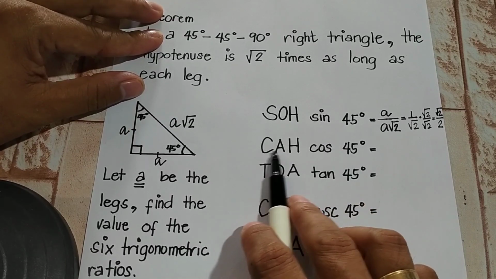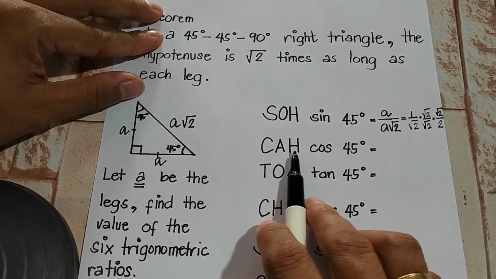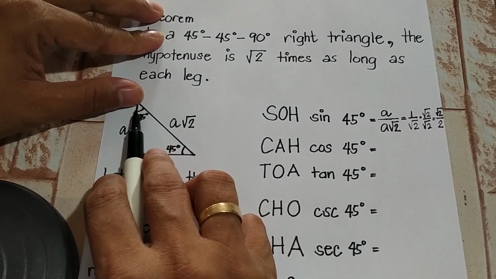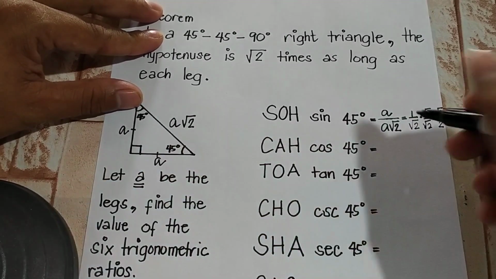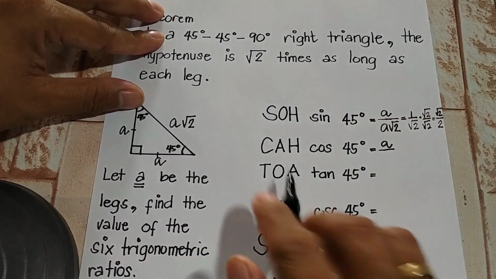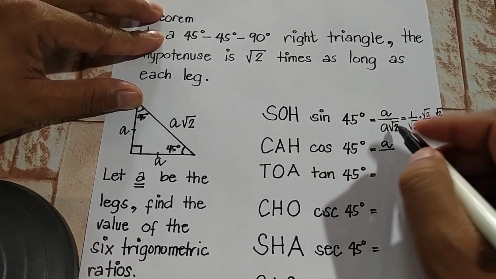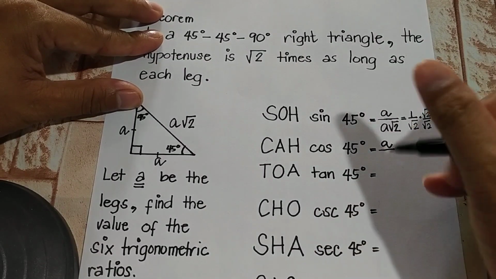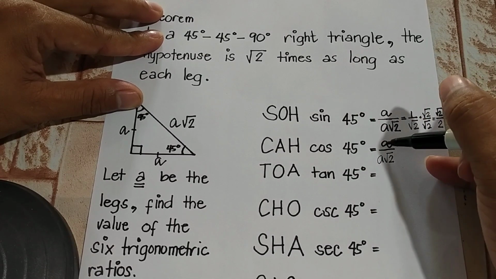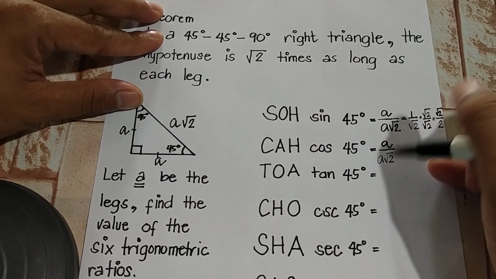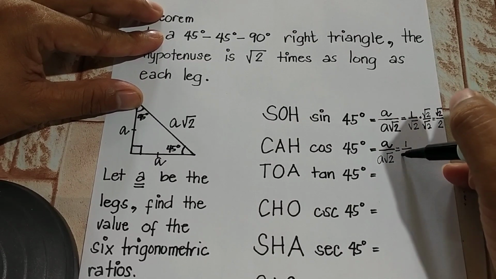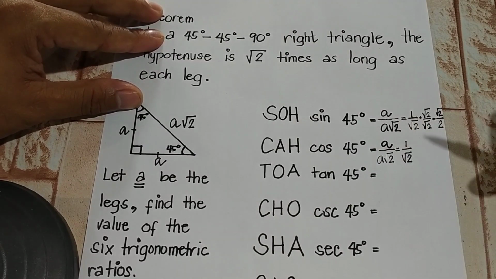Now let's move on to cosine 45. For cosine 45, you have adjacent over hypotenuse. What is our adjacent, since we're talking about this angle here? That's A. So you would have A over the hypotenuse, A square root of 2. Again, A divided by A square root of 2 gives us 1 over square root of 2.